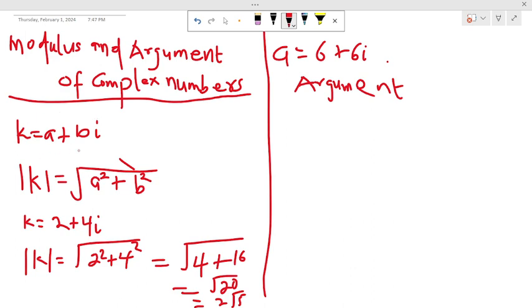Then the argument of k is equal to the tan inverse of the real number component of the imaginary part. If I say real number component of the imaginary part, it's b. So b divided by the real part, which is a.